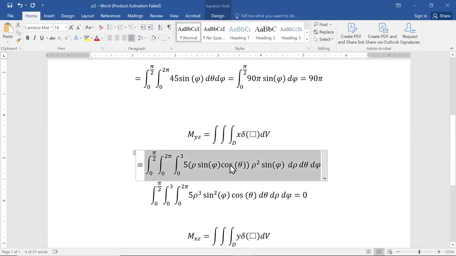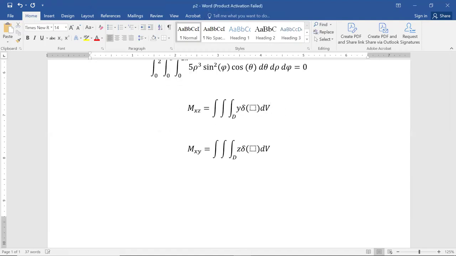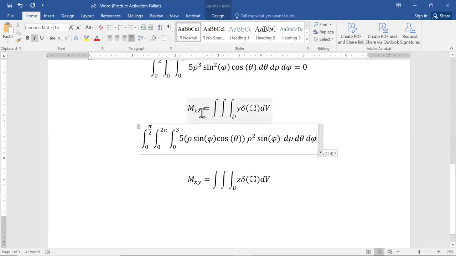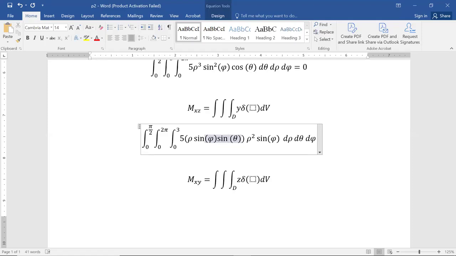Now we're going to do a very similar thing with the moment from the xz plane. What happens is that we insert a y, but y is going to be written as rho times sine phi times sine theta. Everything except for the sine theta is a constant with respect to theta.